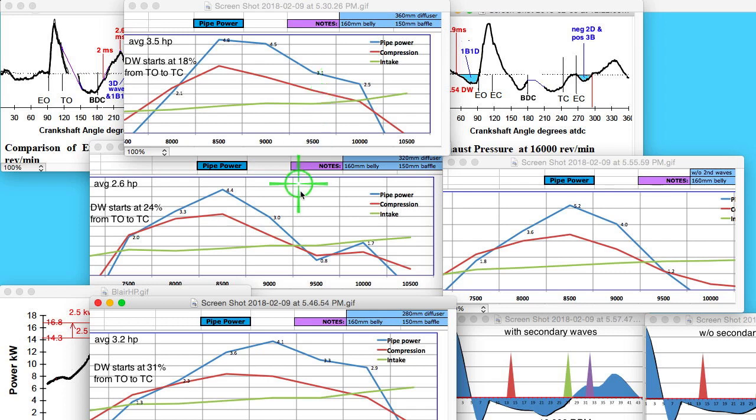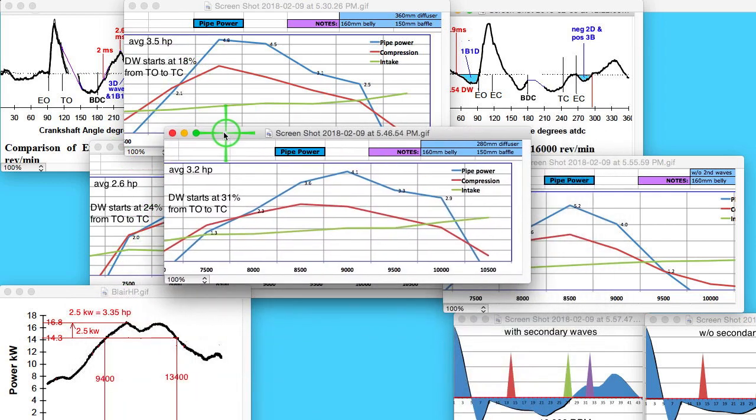So this right here is a horsepower graph of Blair's test engine, and I've calibrated EC-Calc by it to be along the same lines, beginning and ending here from 9,400 to 13,400, which is an increase of 3.35 horsepower.